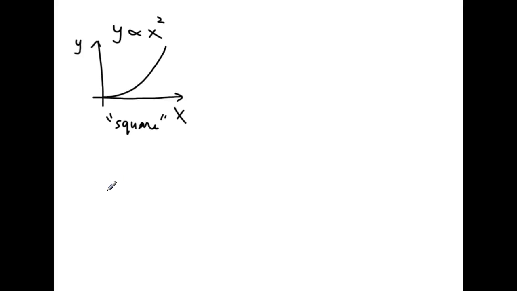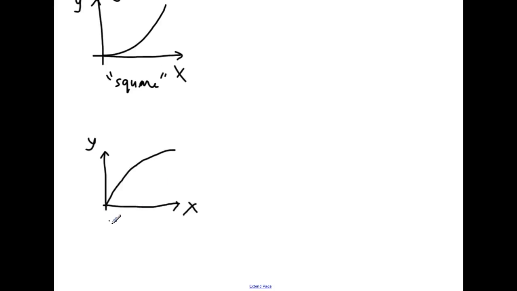Let's say we have a relationship where we plot y against x, and you have something like this. This type of graph is going to typically be a square root graph.